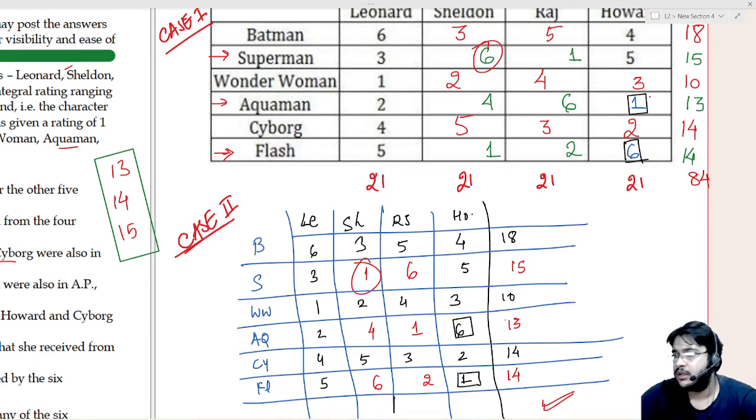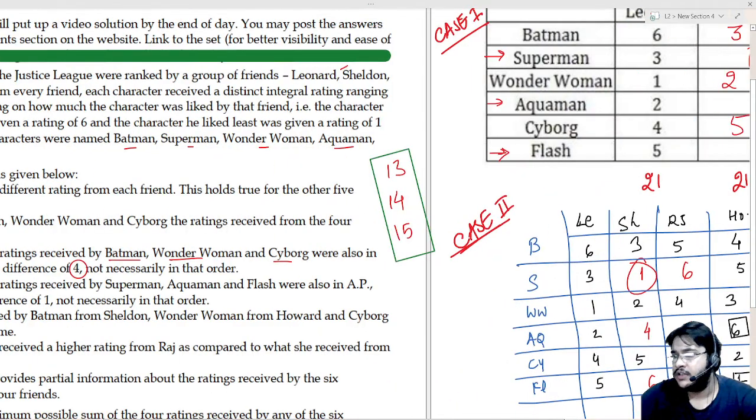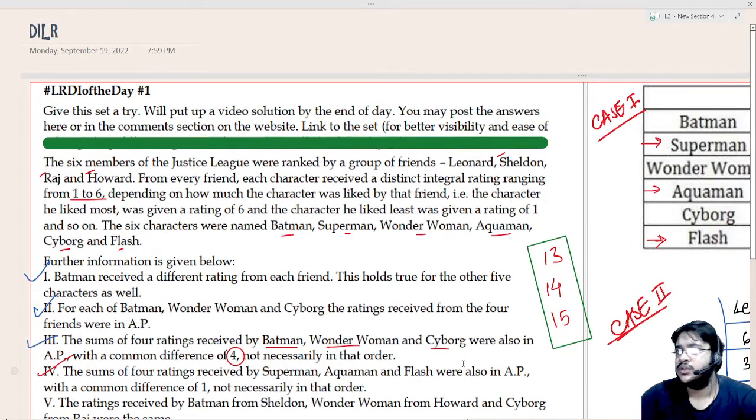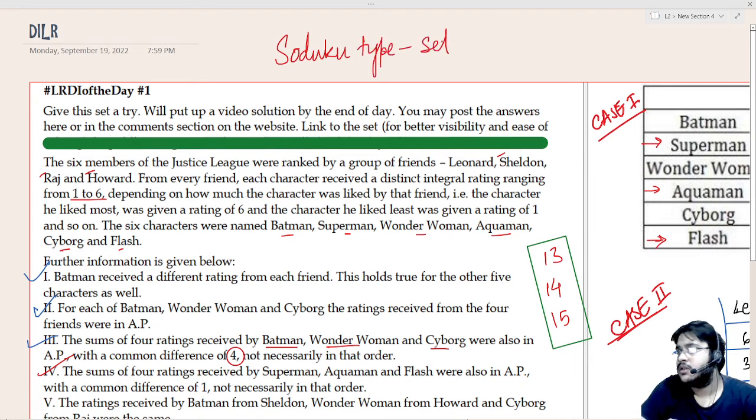We have to be able to visualize how deductive reasoning works. So a Sudoku type puzzle, which requires a lot of deductive reasoning.